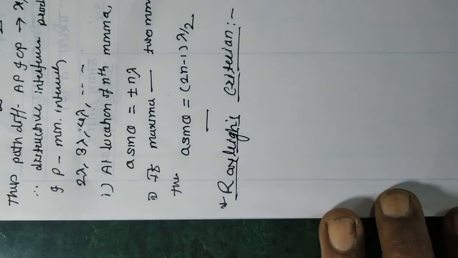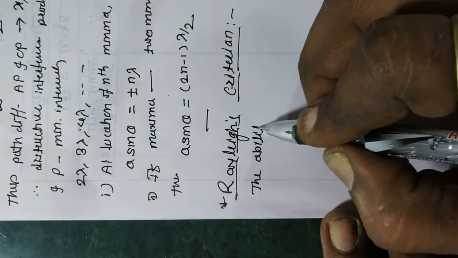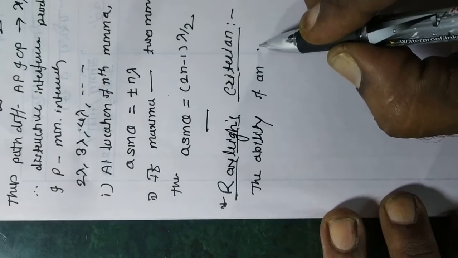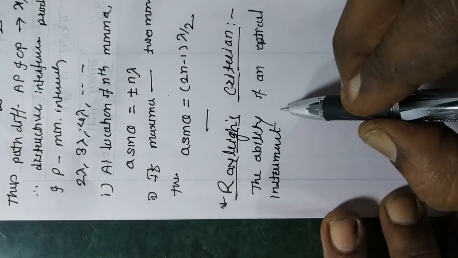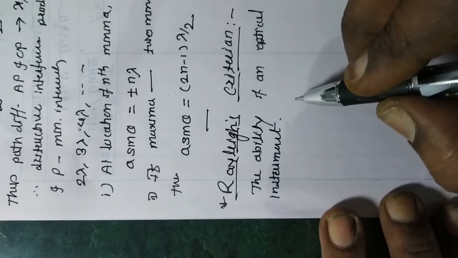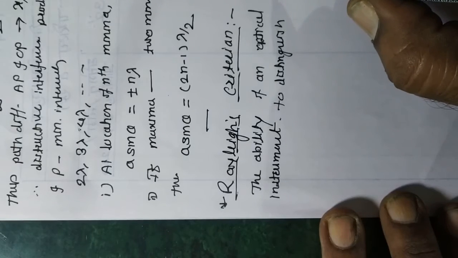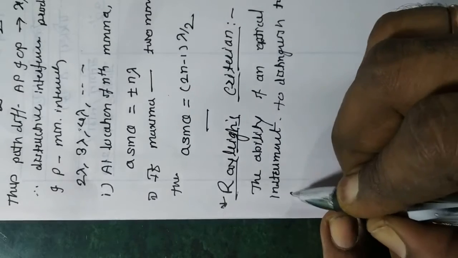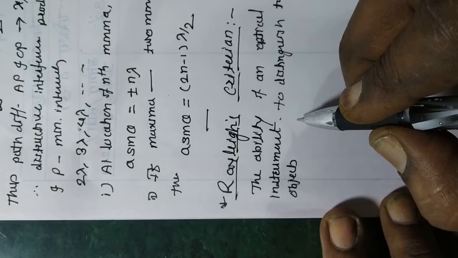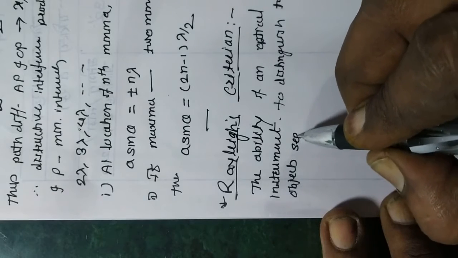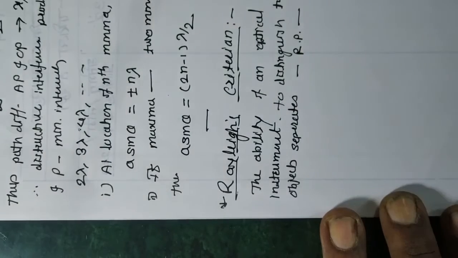The ability of an optical instrument to distinguish two objects separated from each other is called the resolving power of that optical instrument.